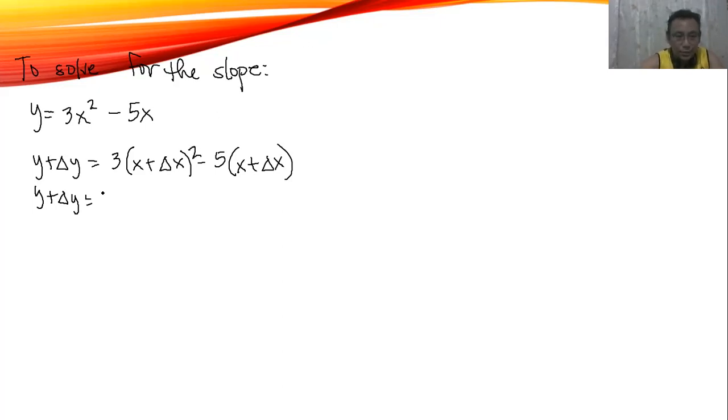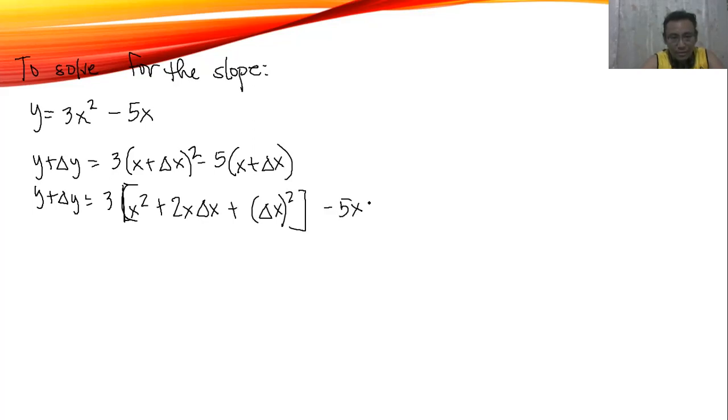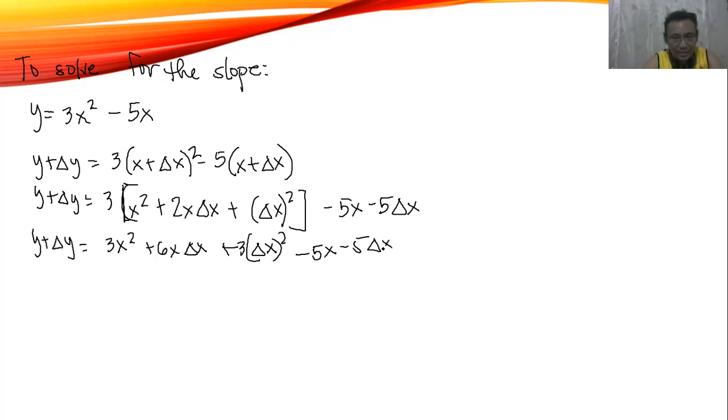So we have 3 multiplied by x squared plus 2x delta x plus delta x squared minus 5x minus 5 delta x. Simplify: y plus delta y is equal to 3x squared plus 6x delta x plus 3 delta x squared minus 5x minus 5 delta x.